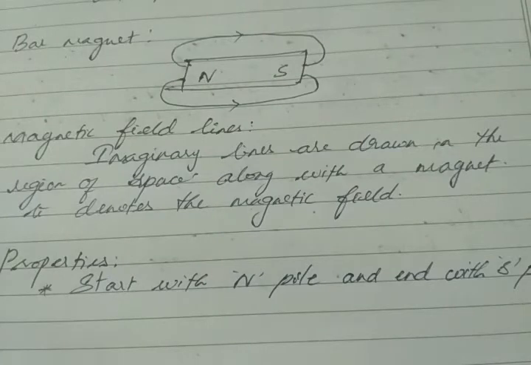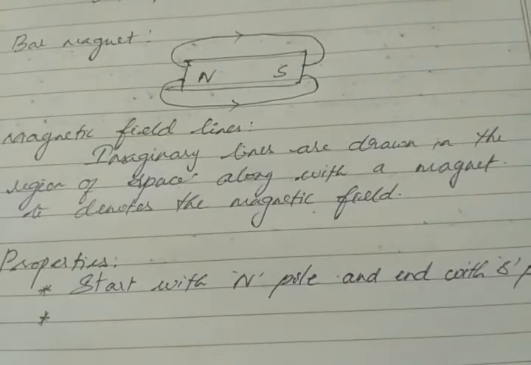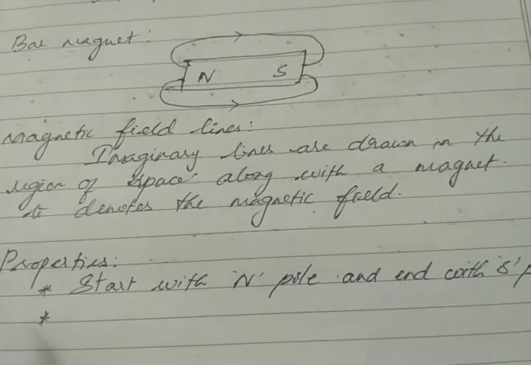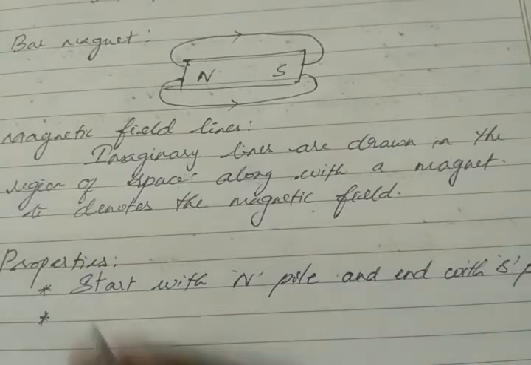Clear? And one more important property: the magnetic field lines inside the magnet always start from the south pole and end at the north pole. So we can say magnetic field lines start at the north pole and end at the south pole outside the magnet.